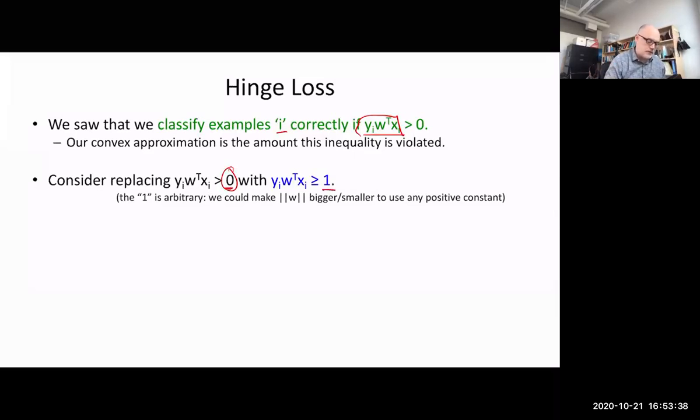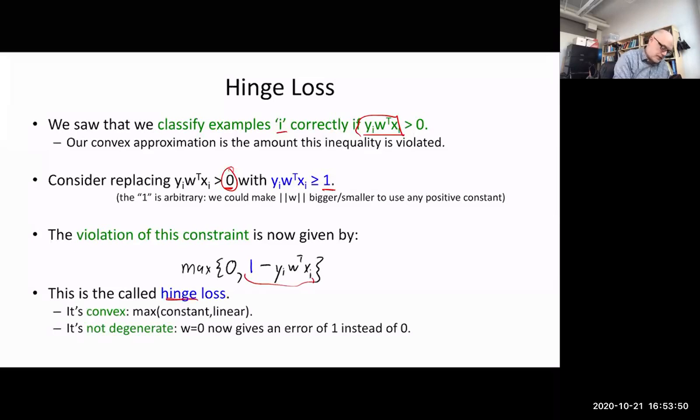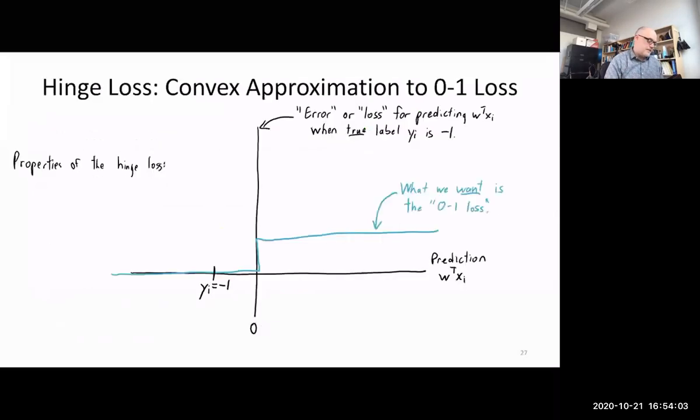We can make the norm bigger or smaller to use any positive constant, it just has to be non-zero. The violation of this constraint now is given by max(0, 1 minus this). This is called the hinge loss. It's convex, and it's not degenerate, because if you set W equal to 0, then you have a non-zero loss, which you might be able to improve.